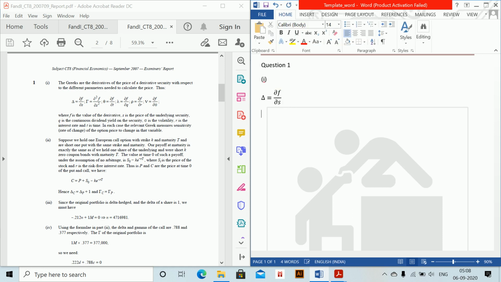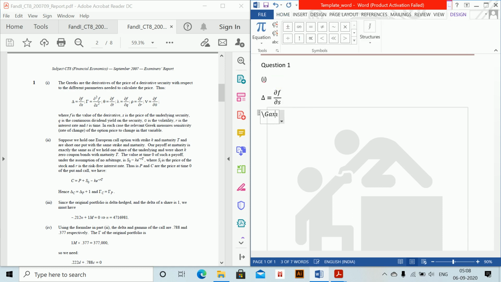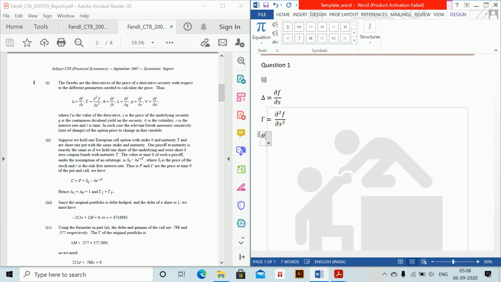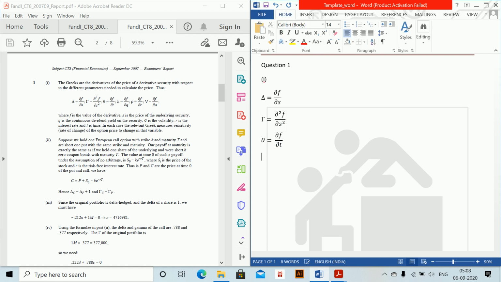Gamma is equal to del square F by del S square. Theta is equal to del F by del T.